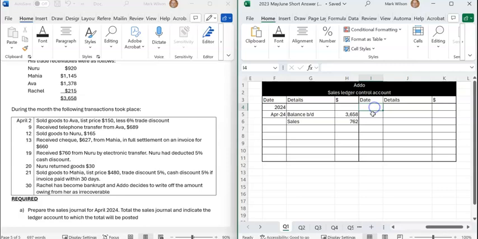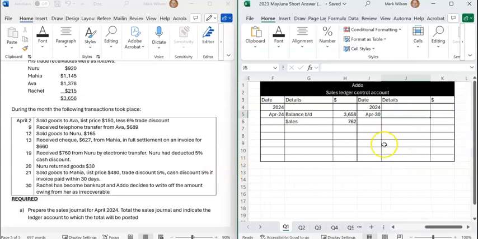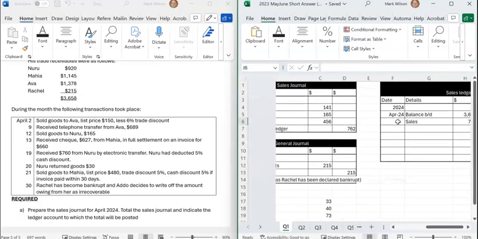So on the credit side, year first, and these are all from the journals that come through. So looking at the journals that come through, let's see what we've got. We've got this one here, this is our irrecoverable debts, so we'll put that one in. That was Rachel's 215.